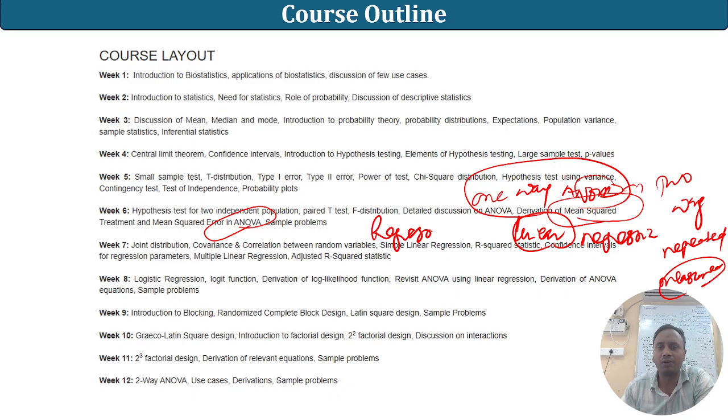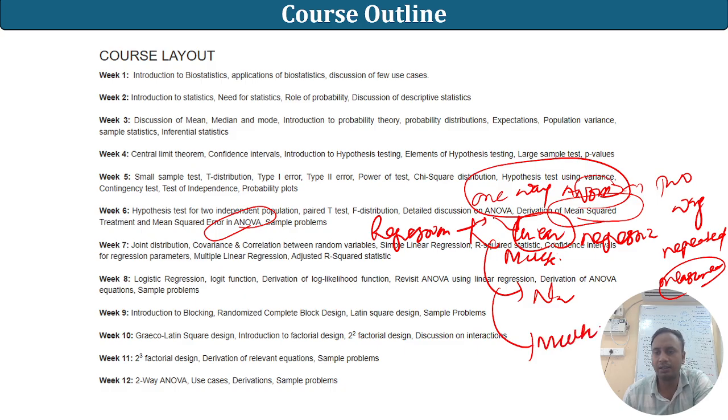Regression will be linear, then multilinear, then nonlinear, then multivariate, then logistic regression.